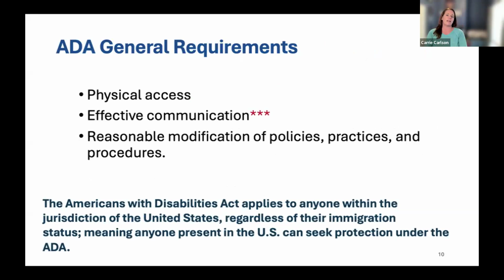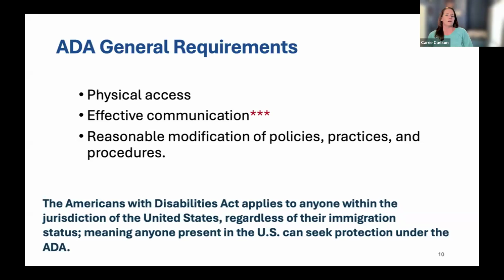So ADA general requirements, right? Those are physical access, effective communication, and I have those stars there because we're really going to go into these later. I should have had it for physical access too. So effective communication, reasonable modifications of policies, practices, and procedures.